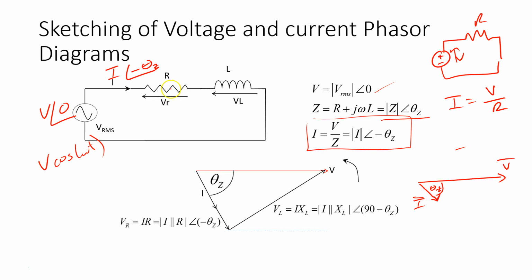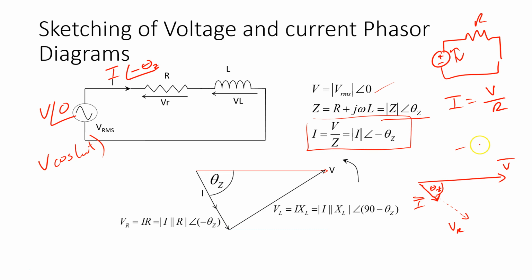I know that the voltage across R, VR, is equal to I, the phasor current, multiplied by R, which will give me something in the same direction as I. So VR is equal to IR, which will be the magnitude of I by the magnitude of R, with the angle of minus theta Z, the same angle as I. So I will get something here, and this will be VR.